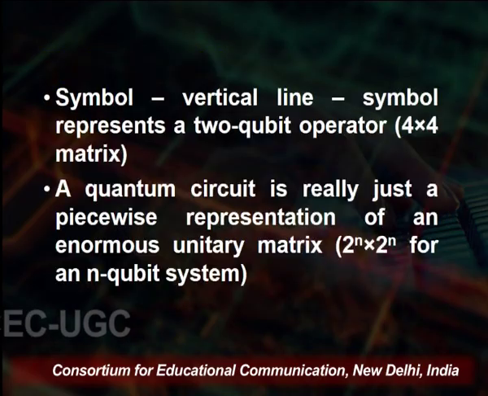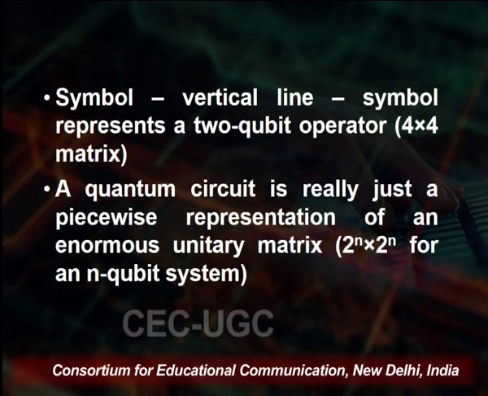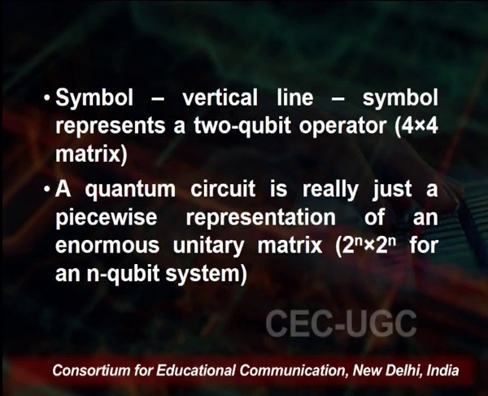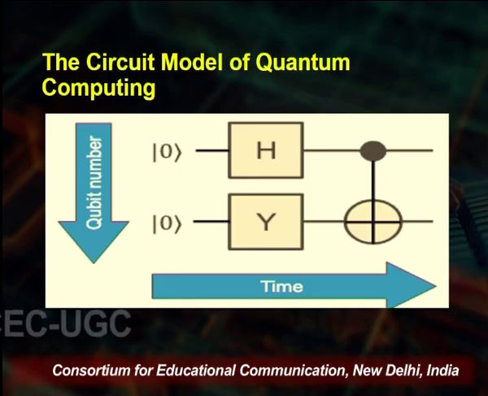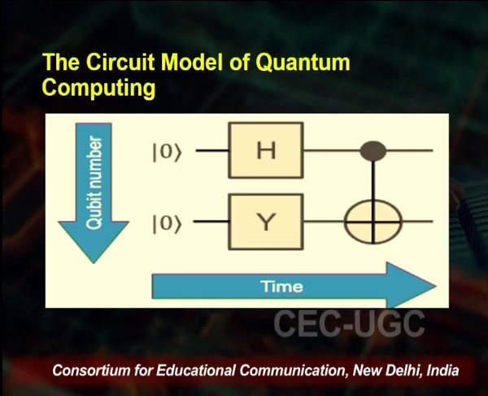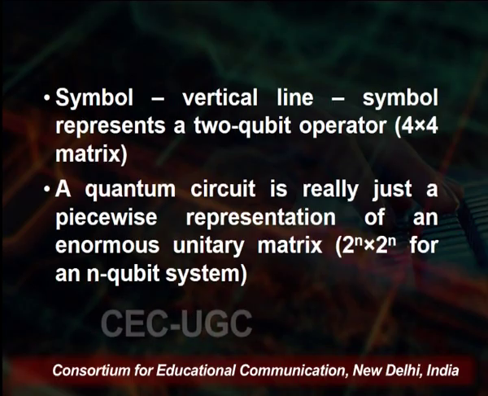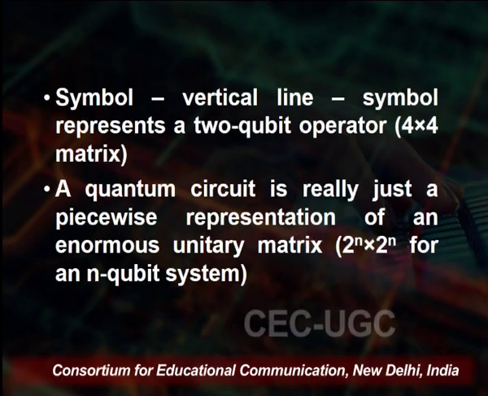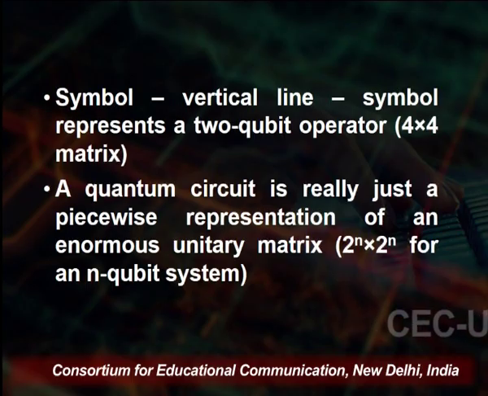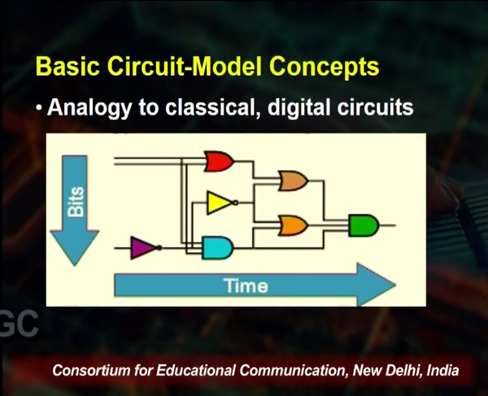The vertical line symbol represents a 2 qubit operator, 4 cross 4. Now a quantum circuit is really just a piecewise representation of an enormous unitary matrix, 2 power n, for the n qubit system.